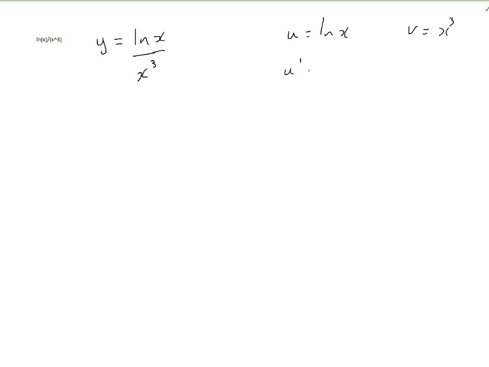Then differentiate these. And then you can assemble the final result. So y dashed has got to be this one differentiated times this one left alone. That's 1 over x times x to the power 3.